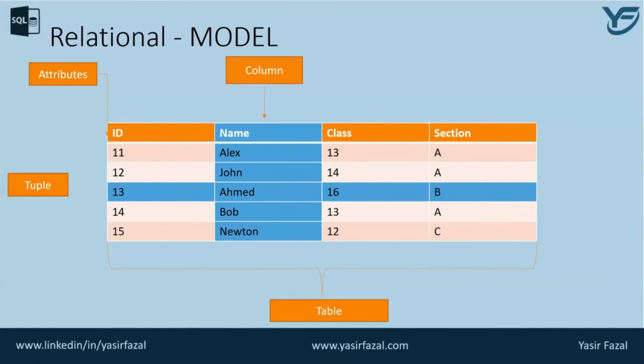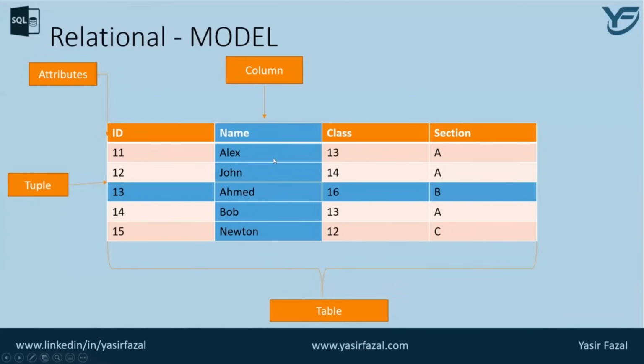When we talk about rows or tuples, each row in a relation contains a unique value. It means that when you combine the values of different columns in one row, it creates a unique value in itself. Like 13, Ahmad, 16, and B, these are unique values which are absent from any other row present in the table.